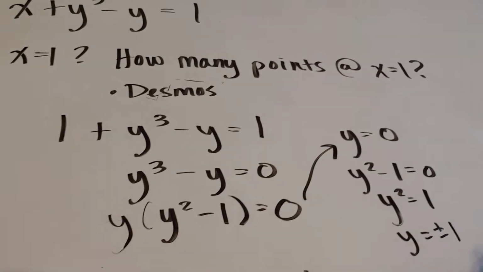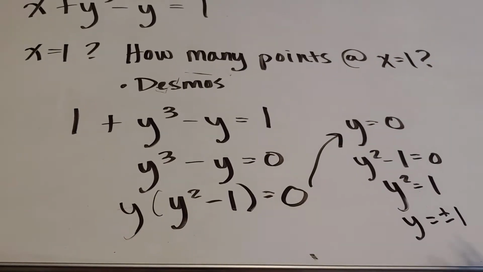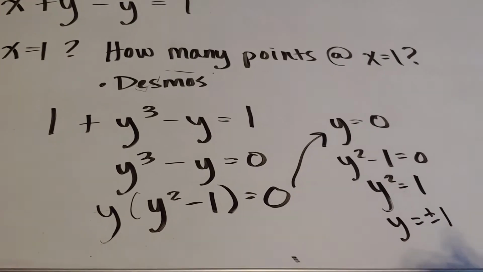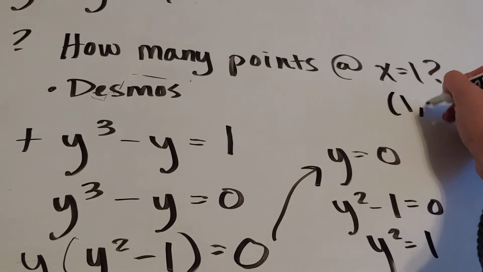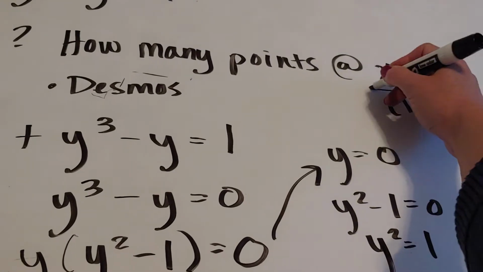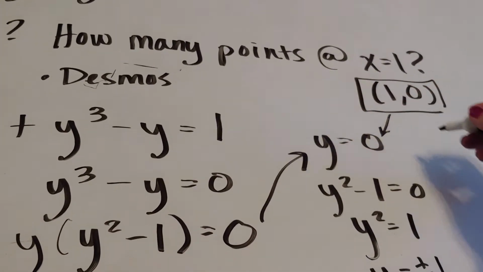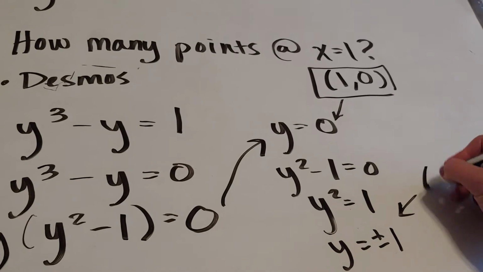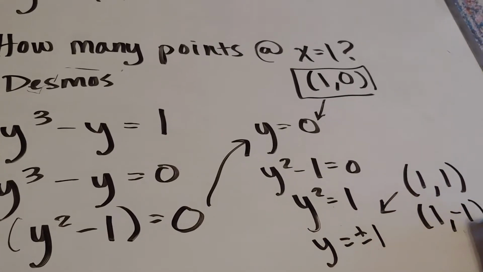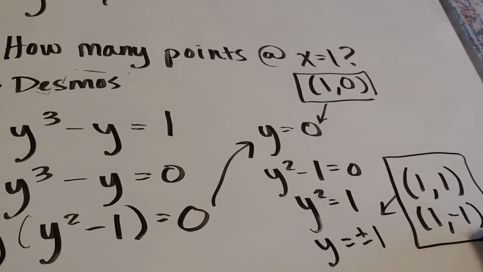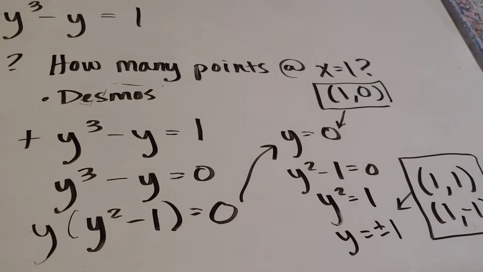So according to the algebra that I've just done, there's actually 3 points on the curve at x is 1. They are at x is 1, y is 0, that's this guy, and then x is 1, y is 1, and x is 1, y is negative 1.